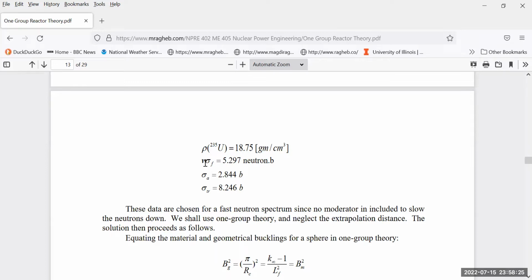Nu here is the average number of neutrons produced per fission event. Sigma sub f is a fast fission cross-section. Fast, why? Because if you don't have a moderator and you don't have a reflector, in that case, the reactor operates on fast neutrons. And something interesting to mention here is the comparison of Enrico Fermi's work and Werner von Heisenberg and the Germans in the general program during the Second World War.